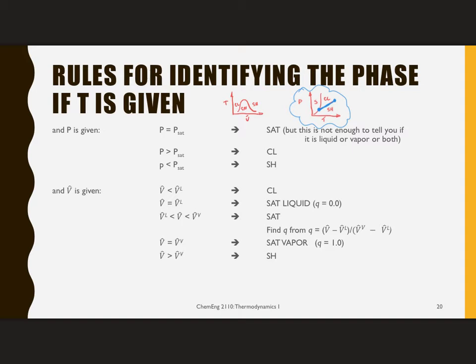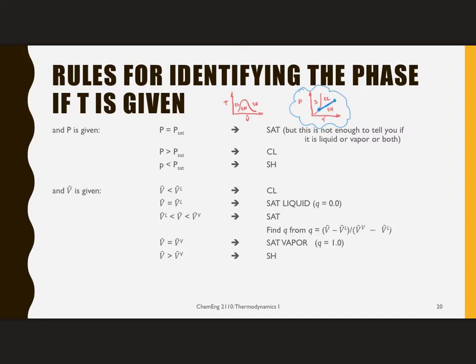If we have temperature plus volume, then I look for the saturated liquid and saturated vapor data. If it's smaller, then it's going to be a compressed liquid. If it's larger, it's a superheated vapor. If it's in between, it's a saturated liquid and vapor mixture, and I can then find Q from that, right?